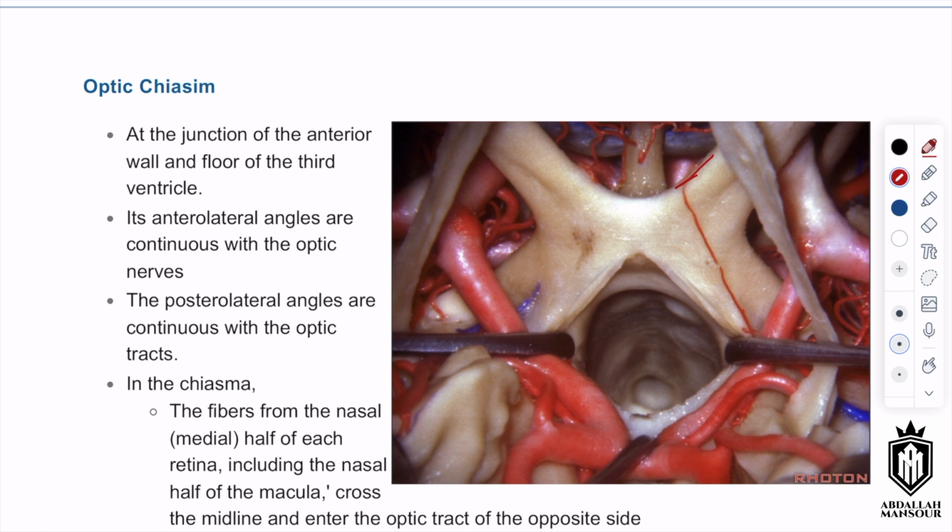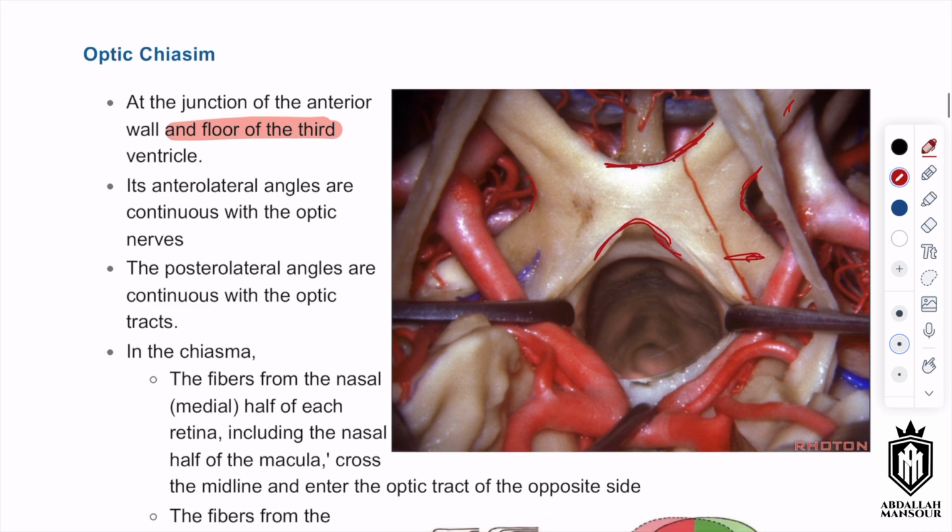You can identify here, this is the chiasm. It is present on the floor of the third ventricle. That's the third ventricle. The anterolateral angle is continuous with the optic nerve, and the posterolateral angle is continuous with the optic tract.